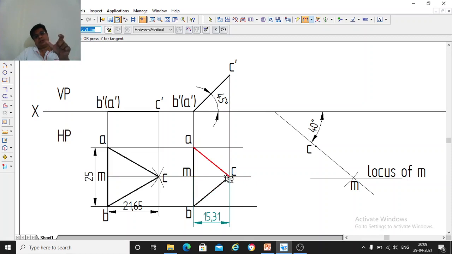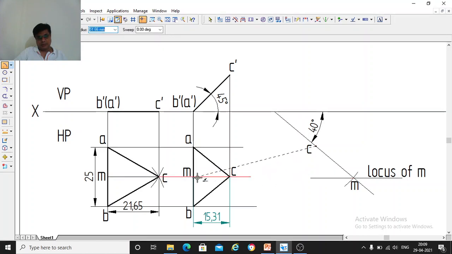Now keep the compass center on C and draw the arc with the radius equal to this CM, that is the apparent length, say 15.3, so that it touches this locus line.